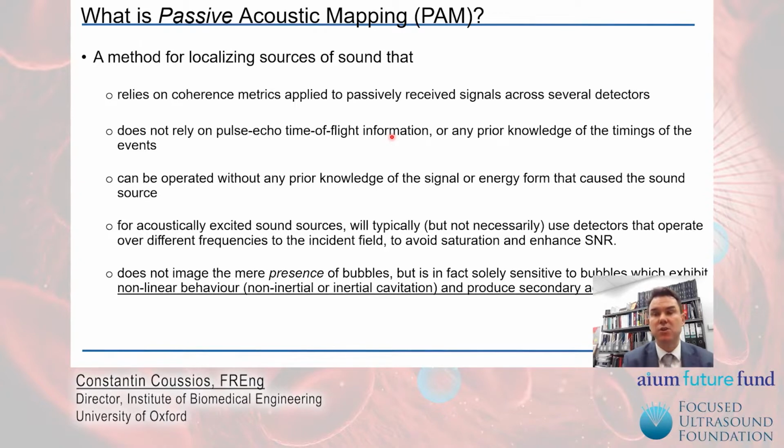We are actually, as humans, receiving a simultaneous signal that is sensed by both ears. And we know by virtue of the relative difference in time of arrival whether that source is located to the left or to the right-hand side of our head. It is exactly the same principle that is applied here for passive acoustic mapping.